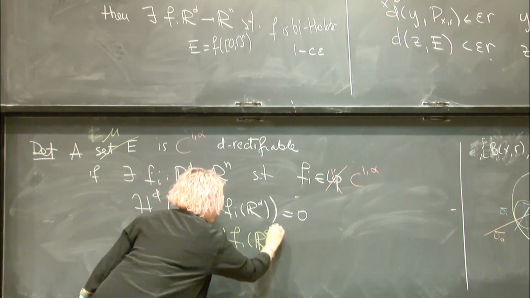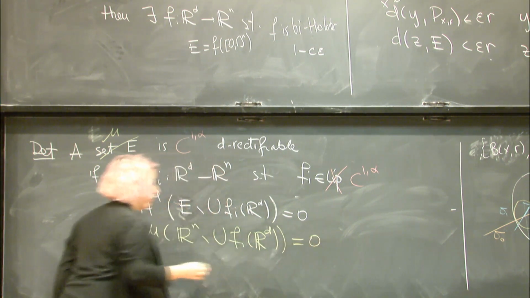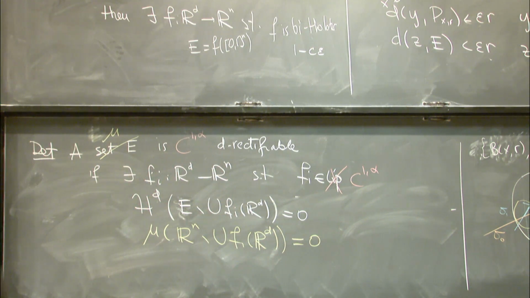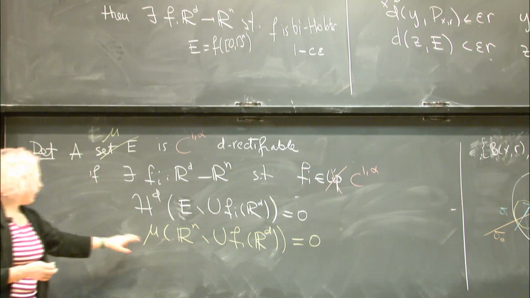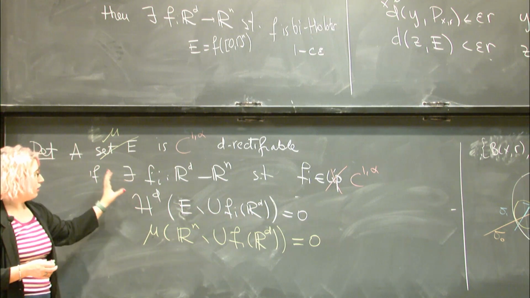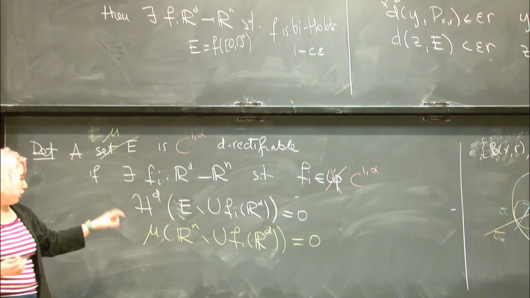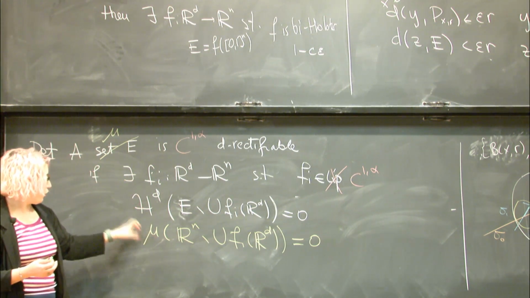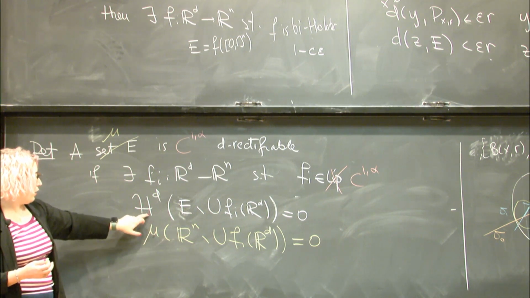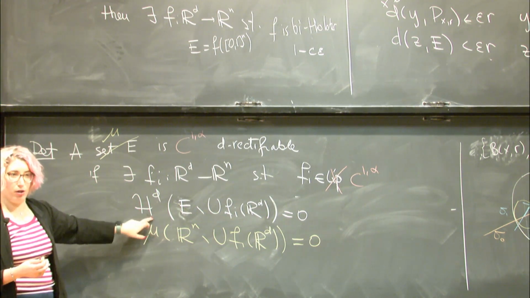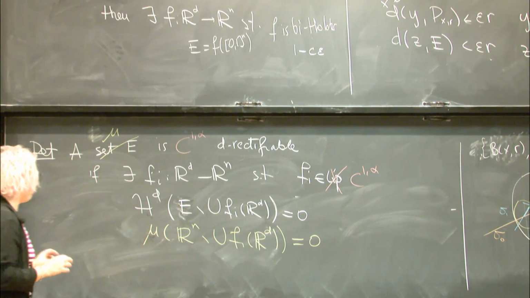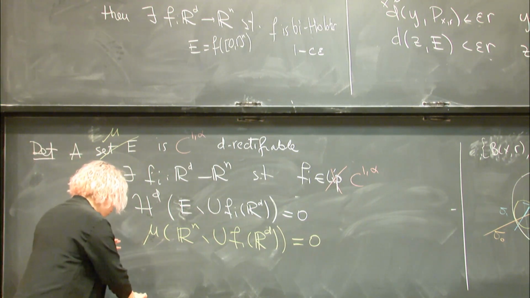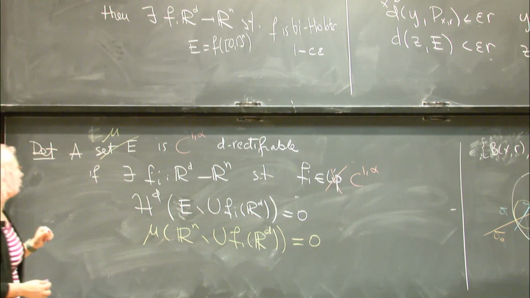For many of you this is obvious, but just in case you don't like measures, this is what I mean for a measure to be rectifiable. And this can be different. It sounds like, okay, what's the difference? Well, the difference is in what measure I am counting the bad points.